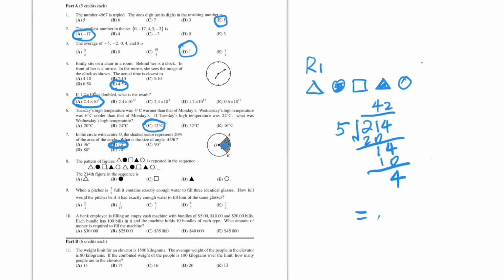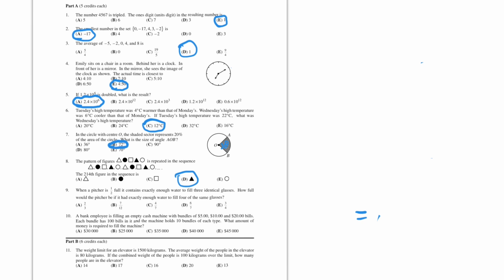Remainder 1 is the white triangle. Remainder 2 is the black circle. Remainder 3, white square. Remainder 4, that's our answer. That's the black triangle. So the answer is the D. But if remainder is 0, that will be white circle.